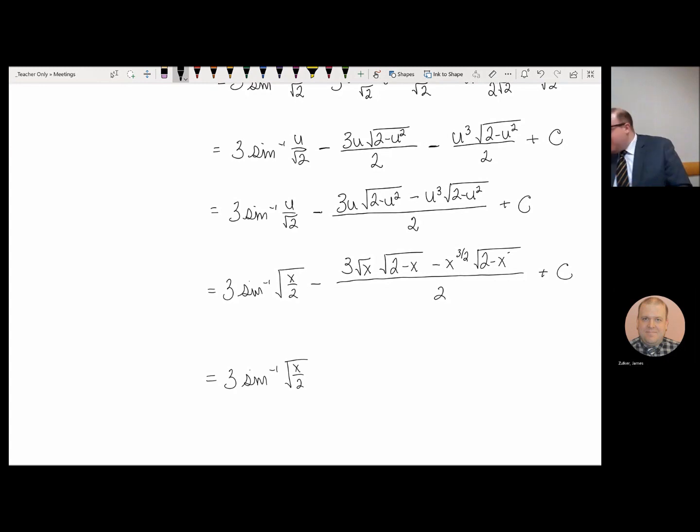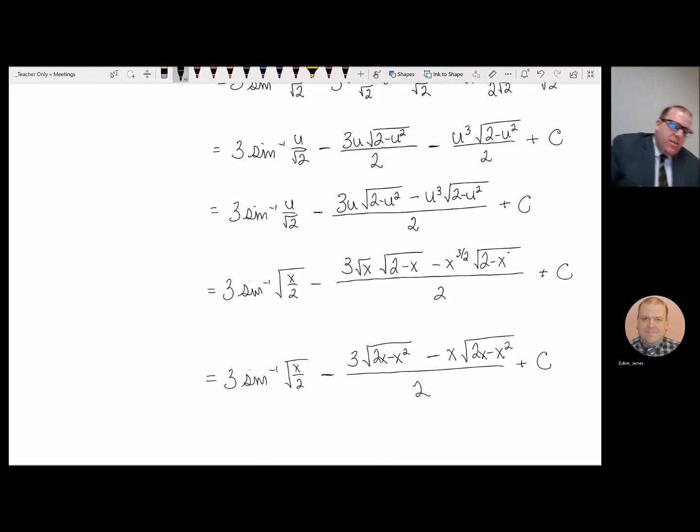I mean, that just looks hideous. So let's make it look a little bit nicer. X to the 3 halves is x root x, right? I'm going to say there's our antiderivative.